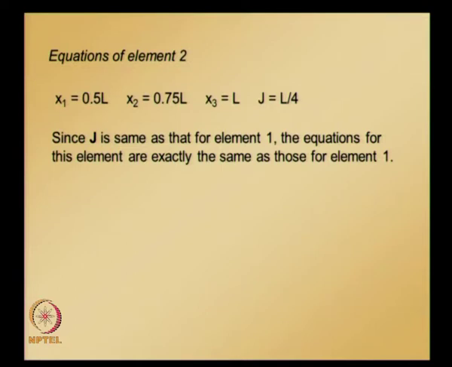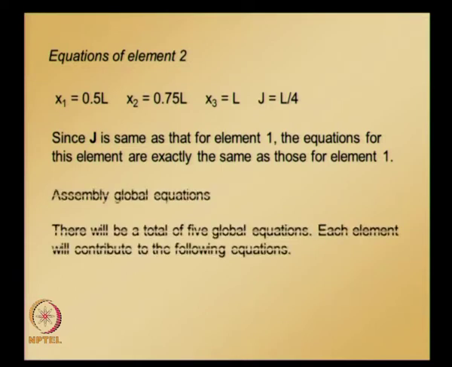Now we are ready to assemble the global equations. There will be a total of 5 global equations, because there are 5 nodes. Element 1 contribution goes into the 1, 2, 3 row and column locations of the global equation system, and element 2 contribution goes into the 3, 4, 5 row and column locations.